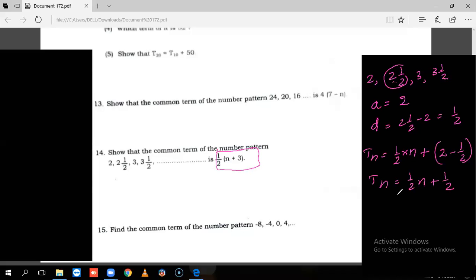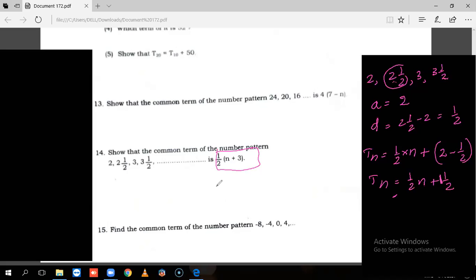Right? Show that the common term of the number pattern. The general term of this is the one which came here. We need to subtract half from 2, right? Sorry, 1 and a half remaining.